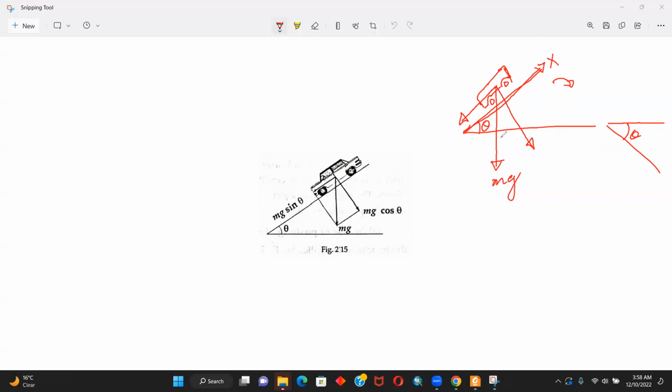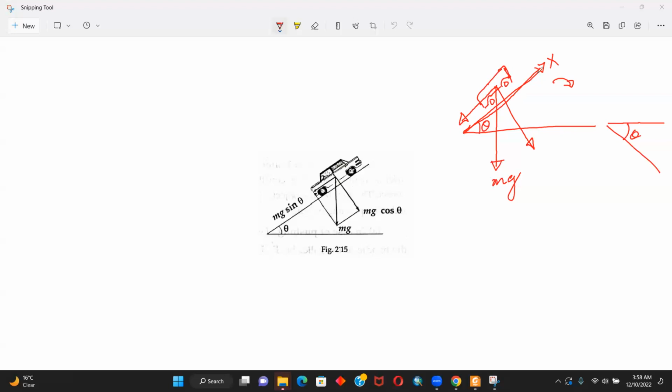Now very easy. You are taking the components of the force mg, or the weight. So now you have to calculate the angle, for instance in this direction. What is the angle between mg and the x-axis? Not theta. Mg and x-axis.